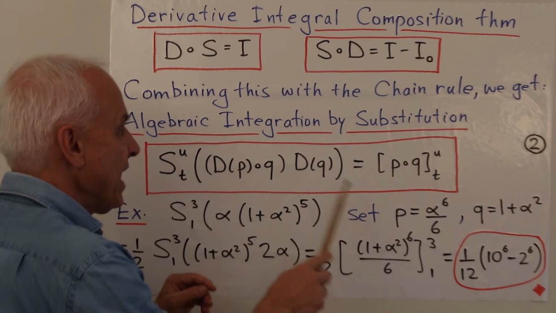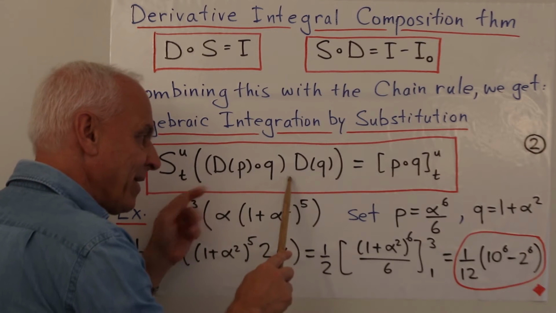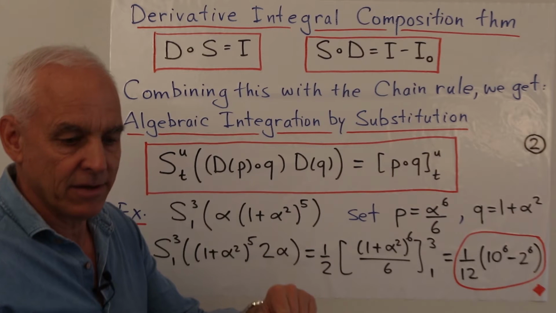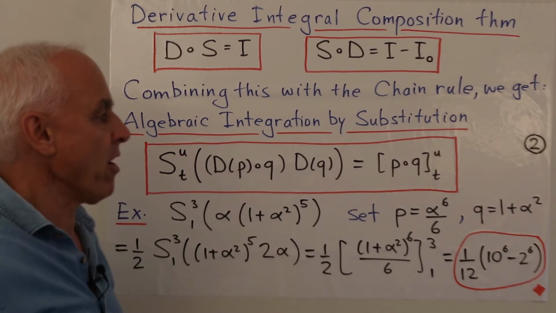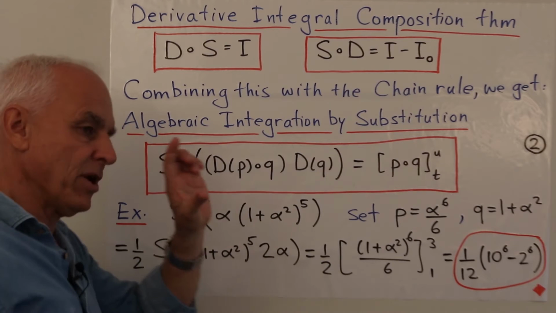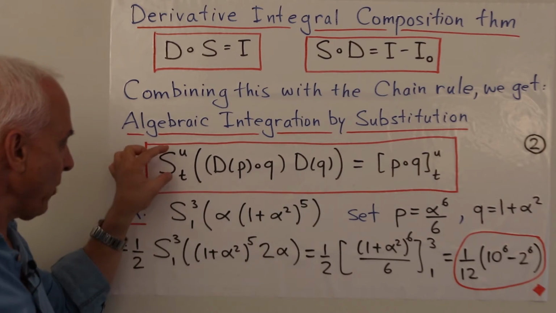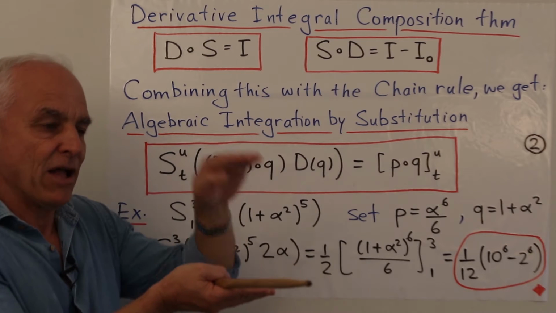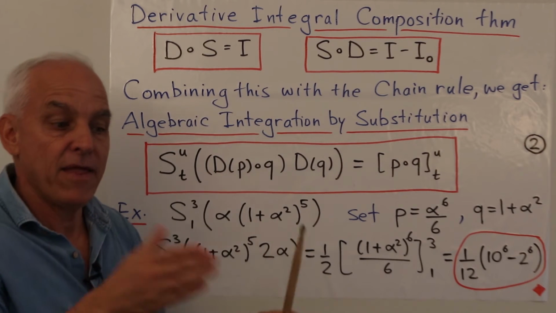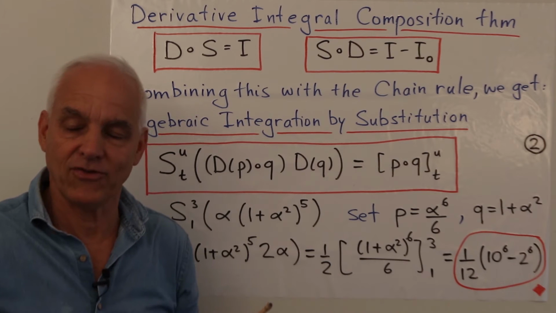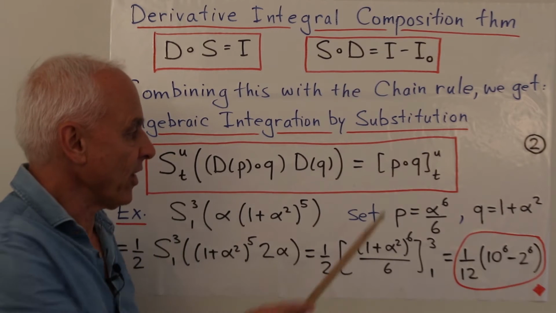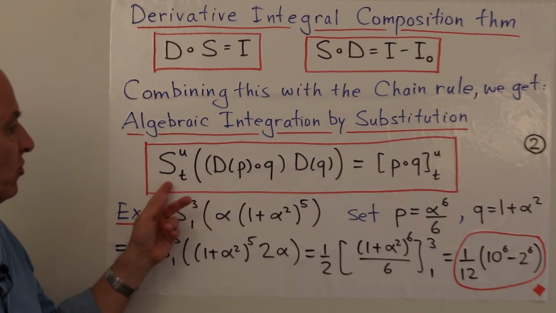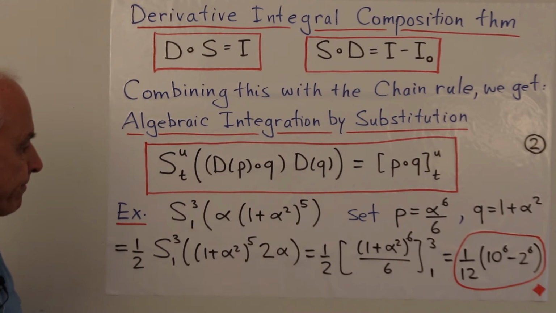So if we take the integral of this, we're essentially getting this thing back minus the identity, minus the zeroth part of it. And we get rid of that zeroth part by evaluating the integral between two different values, t and u, the value at u minus the value at t, then the constant term disappears. So that's why we're just getting this p circle q from t to u. That's the integral of this composition.